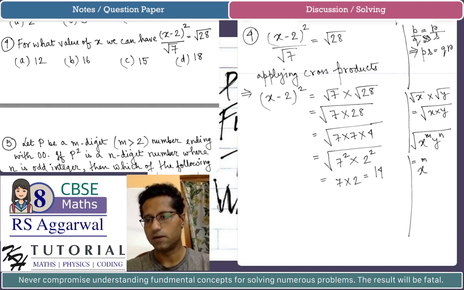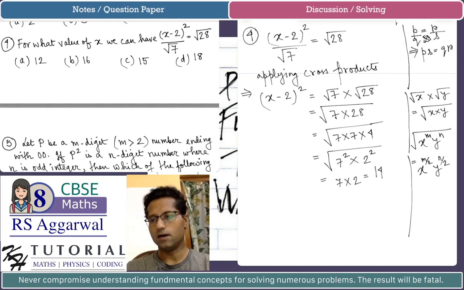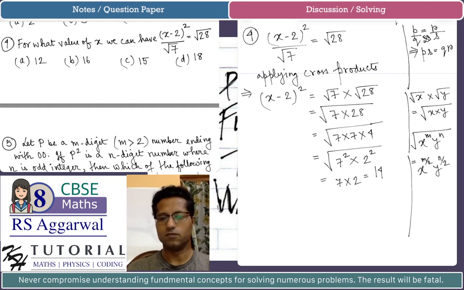So it is x to the power m by 2 multiplied by y to the power n by 2. That is why, inside the square root, we had 7 square multiplied by 2 square. When I opened the square root, it became 7 to the power 2 by 2, that is 7 to the power 1, multiplied by 2 to the power 1, which is 7 multiplied by 2, equal to 14. Okay.